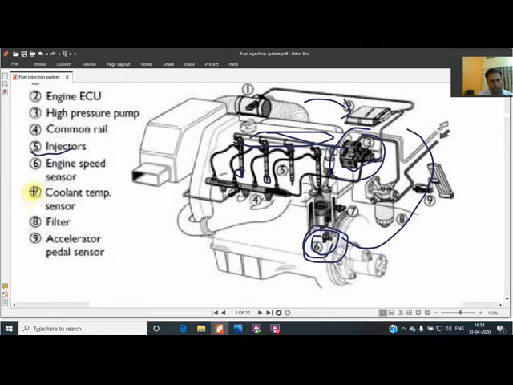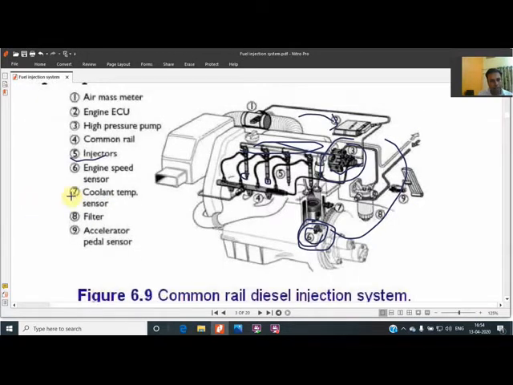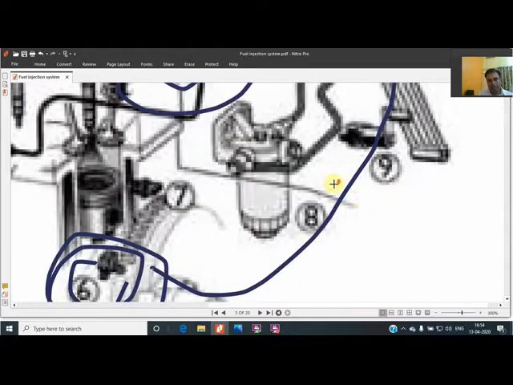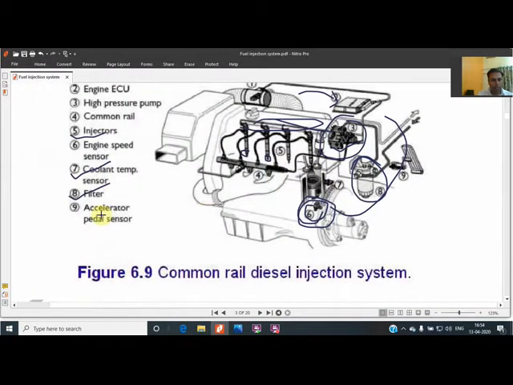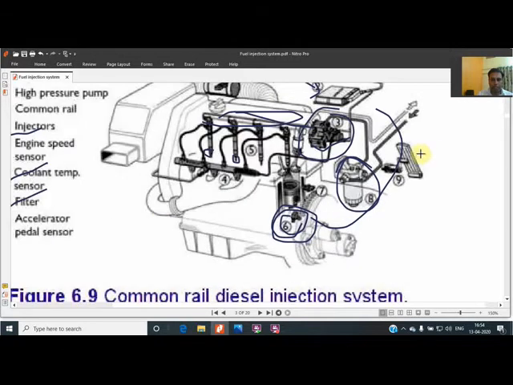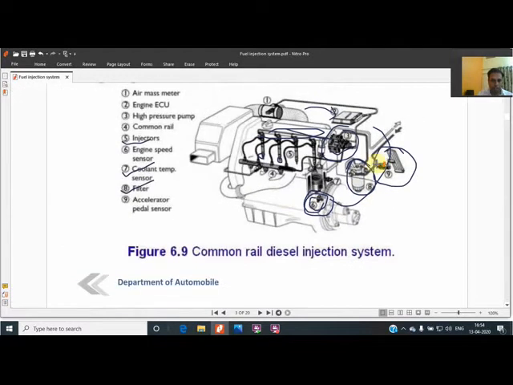And thereafter we have the coolant temperature sensor, and filters are there, which are being shown, because we have to filter the fuel also. The fuel filtering mechanism is shown, and the accelerator pedal sensor, which measures the driver's intentions.